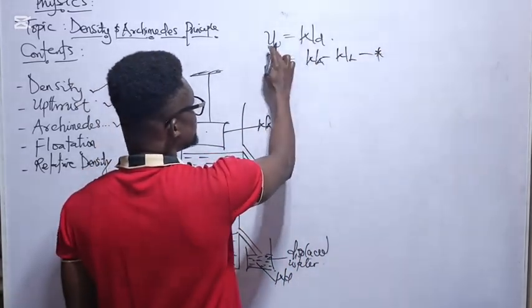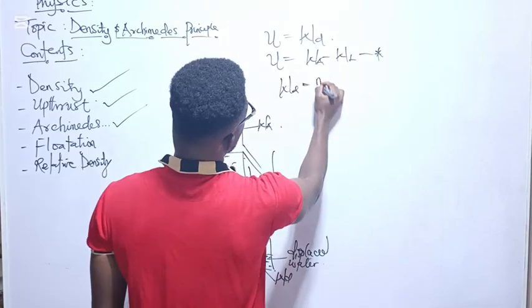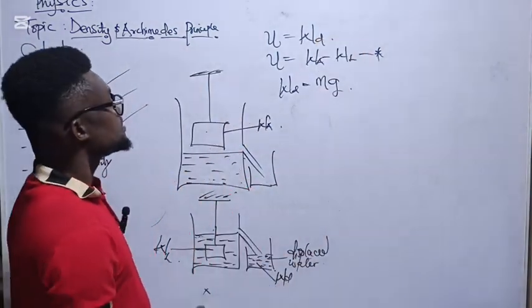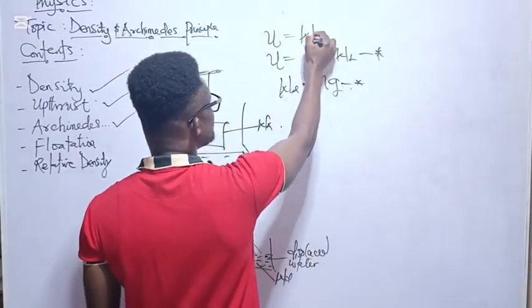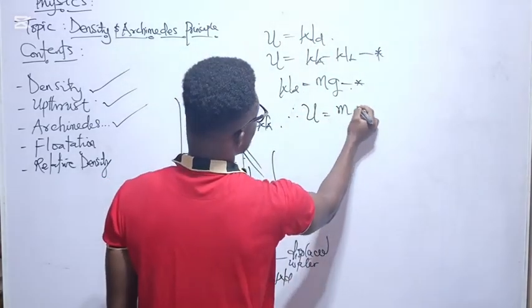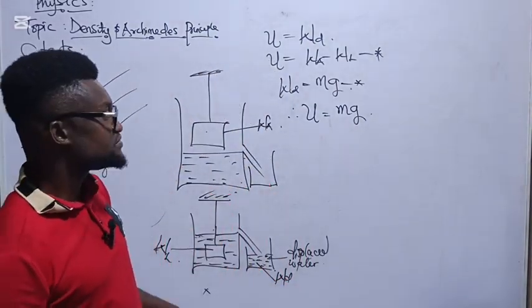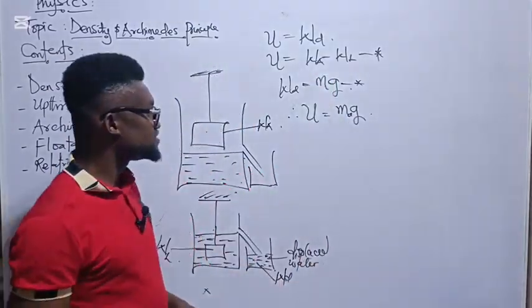But with this upthrust being equal to weight, you know that weight is the product of mass and acceleration due to gravity. If we substitute this weight into the formula, you have upthrust equal to the product of mass and acceleration due to gravity, where this mass is the mass of what?